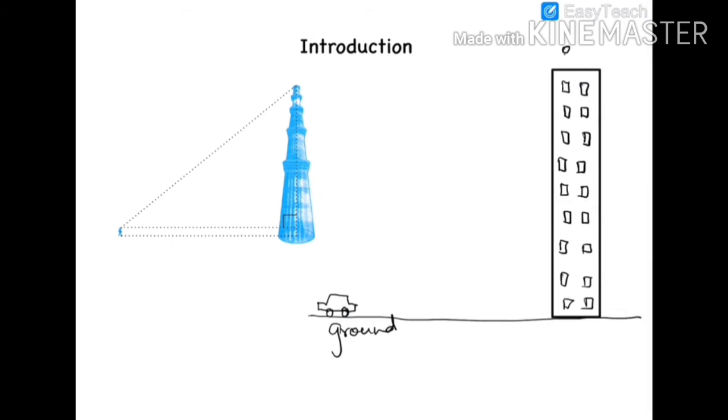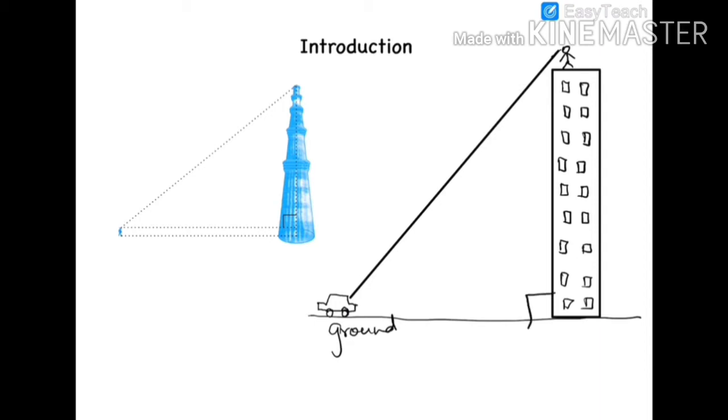Similarly, we can imagine that a person is standing here on the top of a tower and looking at this car. Then we can imagine a right angled triangle to be formed having three sides. One is the line of sight of the person, second is the height of the tower, and the third is the distance between the foot of the tower and the car. So these three sides make a right angled triangle.